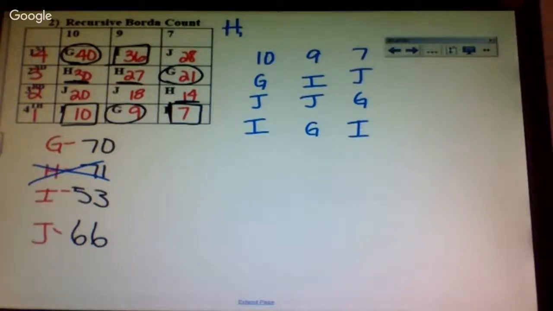Okay, best part is you have all these numbers already. All we need to do is not count this 4th row. So this goes 10 points, 20 points, 30 points. This is 9, 18, 27. And this is 7, 14, 21.